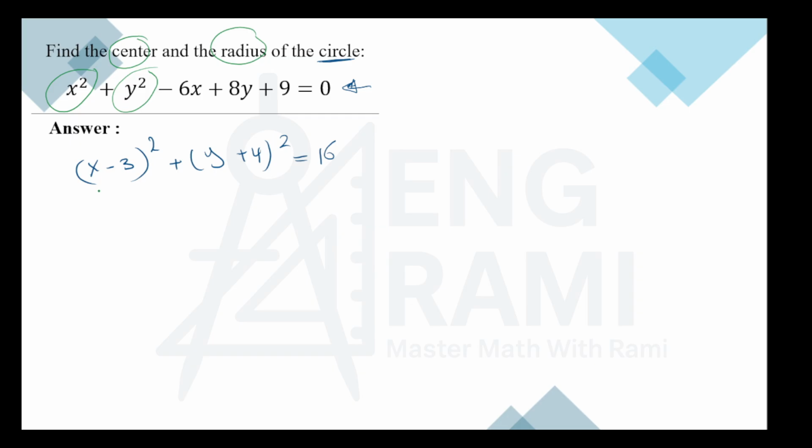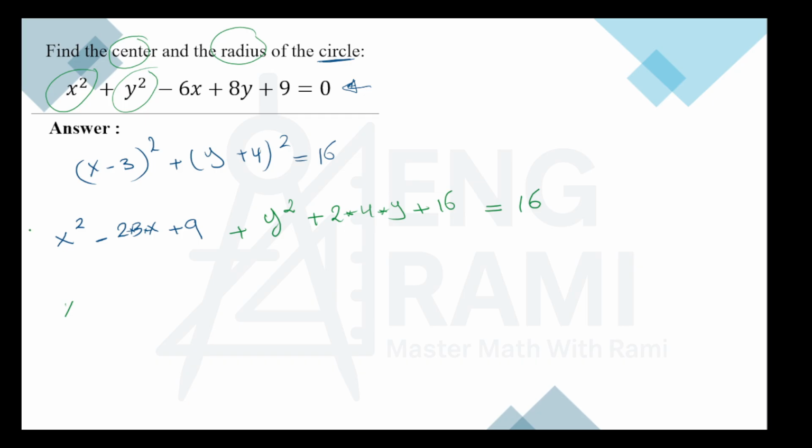As I said before, let's make a proof that this equation equals this equation. Let us expand this term. This is x squared minus 2 times 3 times x plus 9, plus this term can be expanded to y squared plus 2 multiplied by 4 multiplied by y plus 4 squared, which equals 16.